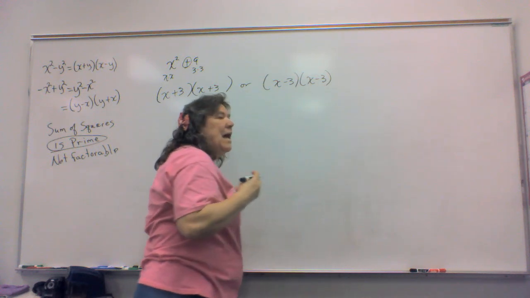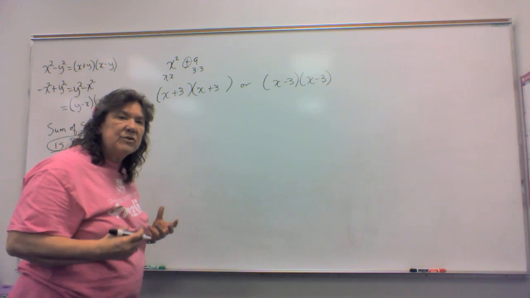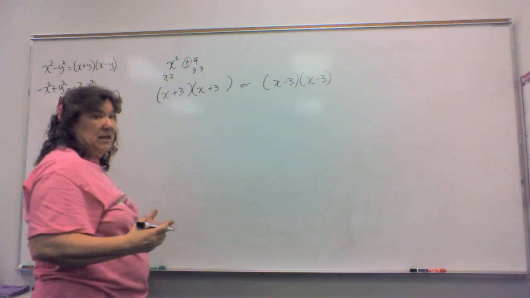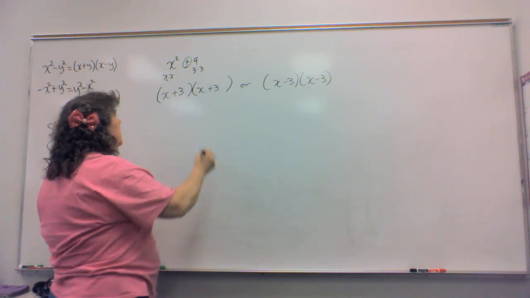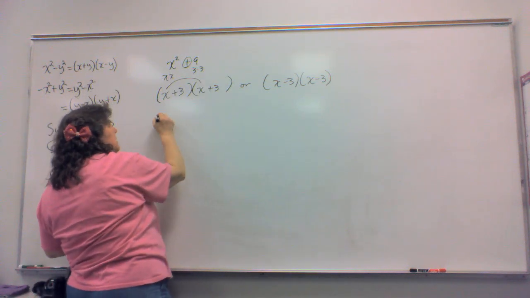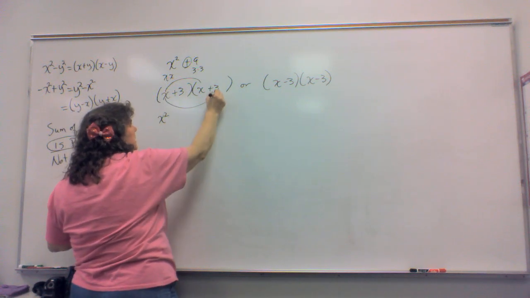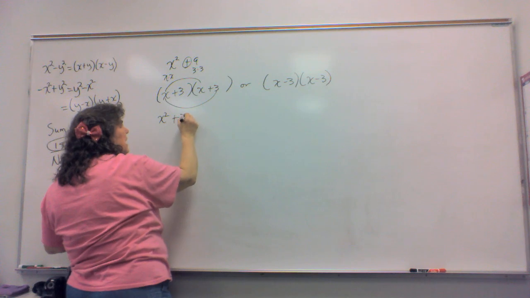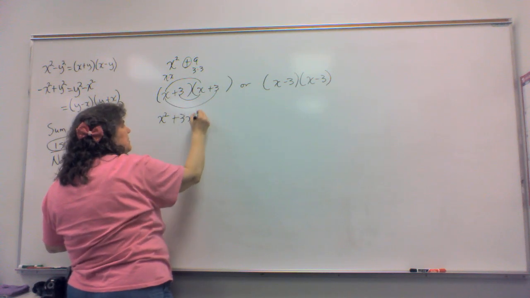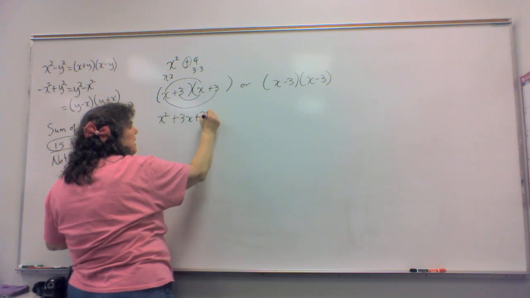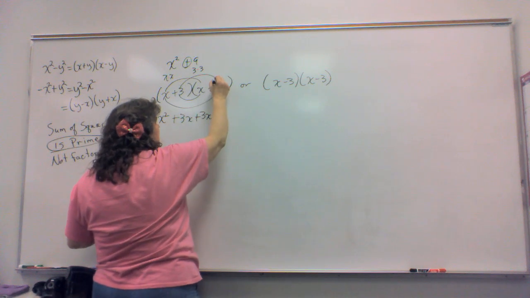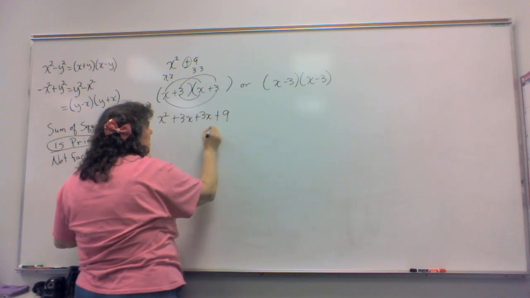But what happens when we check those answers to see, is it possible? Well, x times x is x squared. x times 3 is plus 3x. 3 times x is plus another 3x. And 3 times 3 is plus 9.